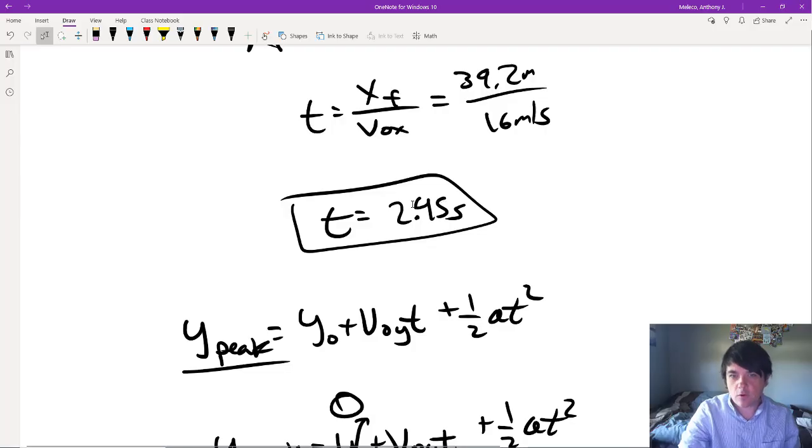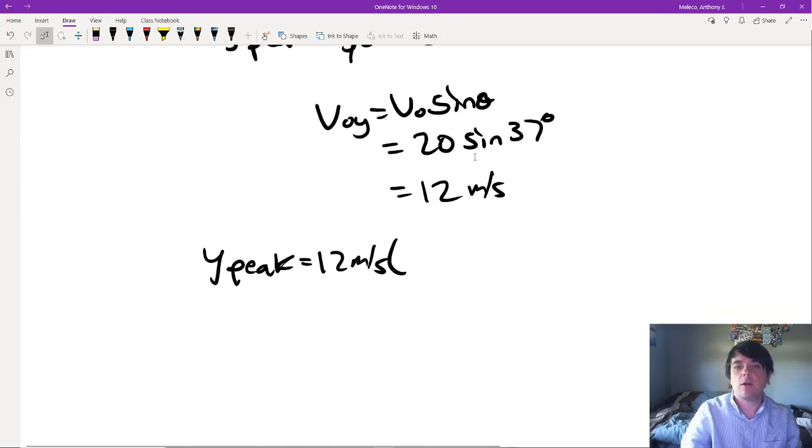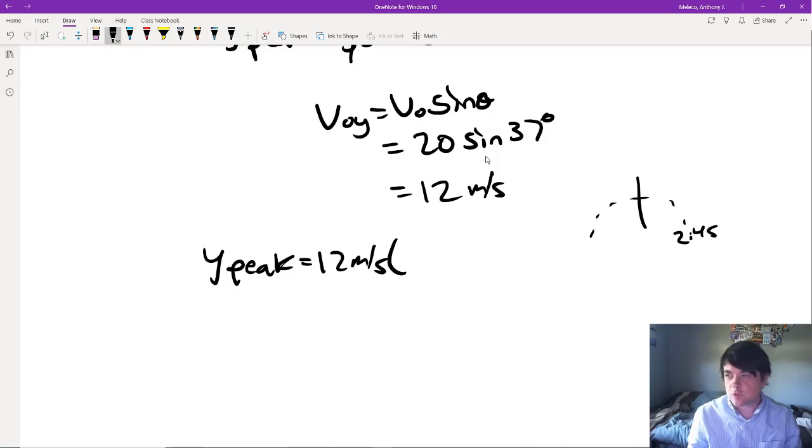Well, our time right here is 2.45. So the peak of the motion actually occurs at half time. So this is 2.45 seconds. This would be half of that, which is roughly 1.225. So we're going to use 1.225 seconds here.